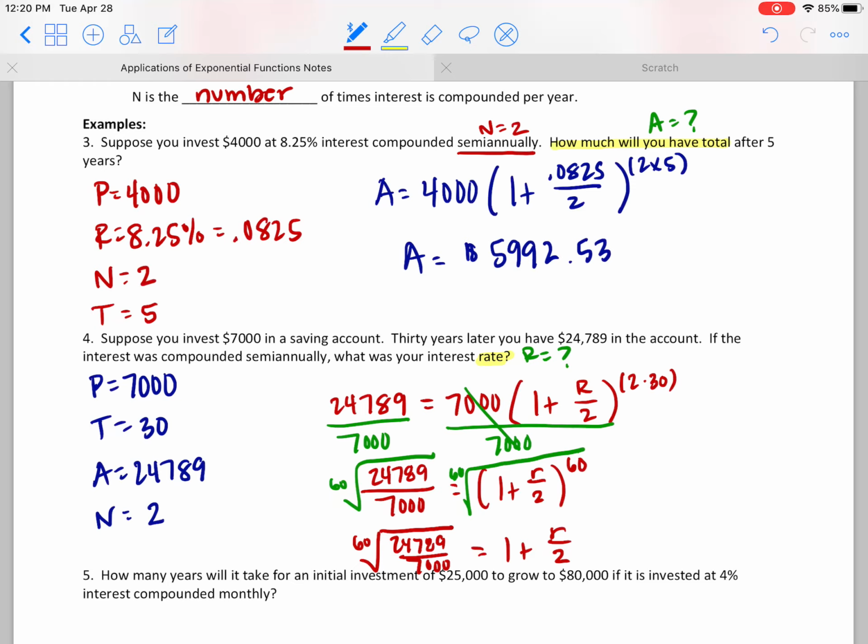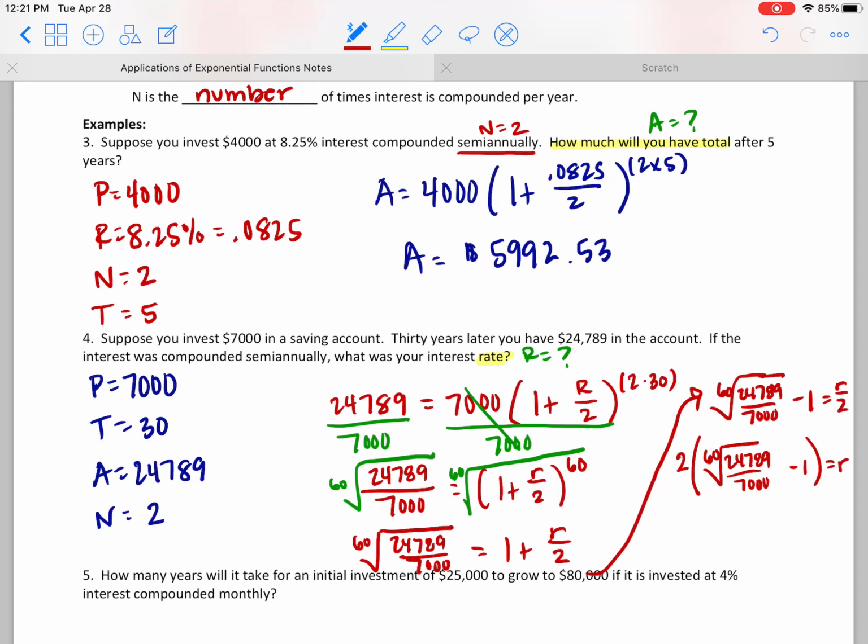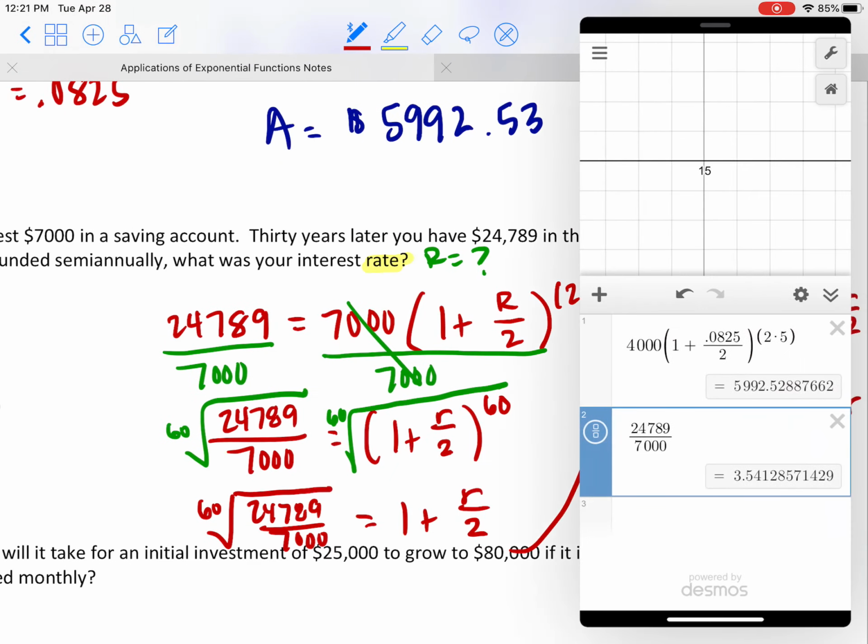So that's going to give us, on this side, the 60th root of this fraction. I know that's going to be some decimal, and I don't want to round it till the very end. It's going to equal 1 plus r over 2. So now to get r by itself, I'm just going to subtract the 1. So it's going to be the 60th root of 24,789 over 7,000 minus 1 equal to r over 2.